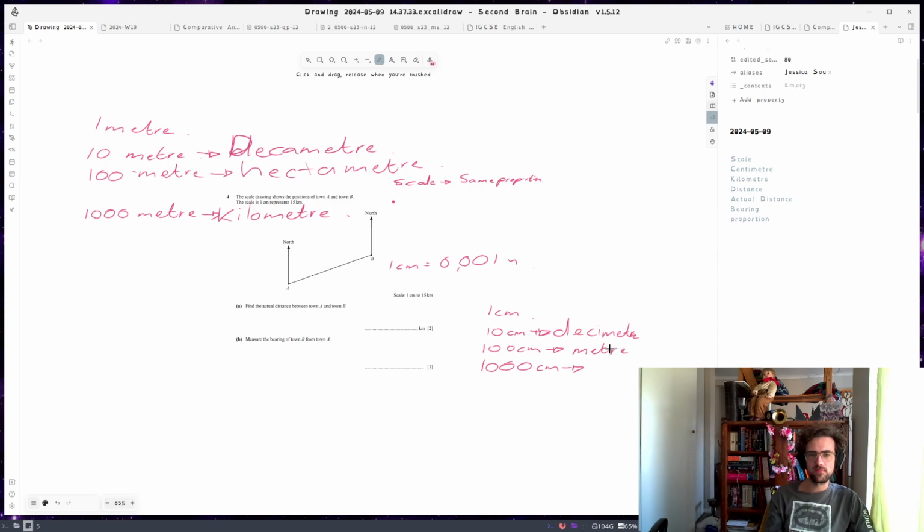To figure out how many meters it is going to be 0.001 meters is equal to 15 kilometers. I'm not going to say it's equal to, I'm going to say it's like a ratio, because it's not actually equal. It's something to something else.